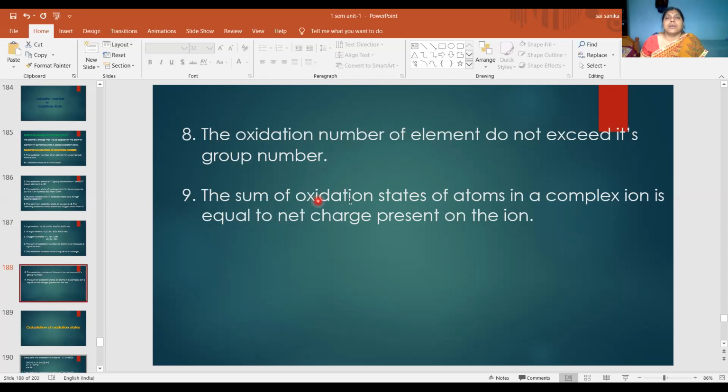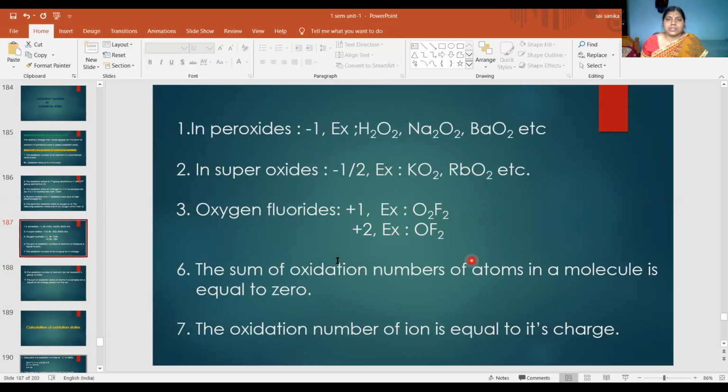Okay. The sum of oxidation states of atoms in a complex ion is equal to the net charge present on the ion. For a molecule, we take the sum of oxidation states of all atoms as 0.